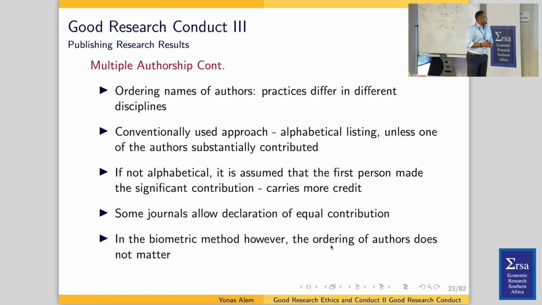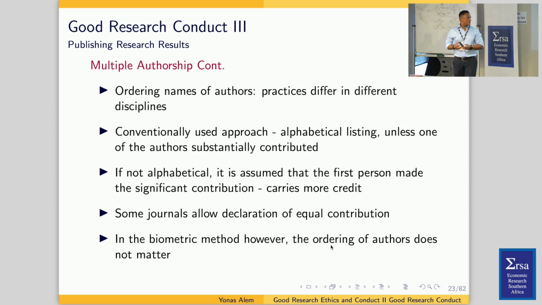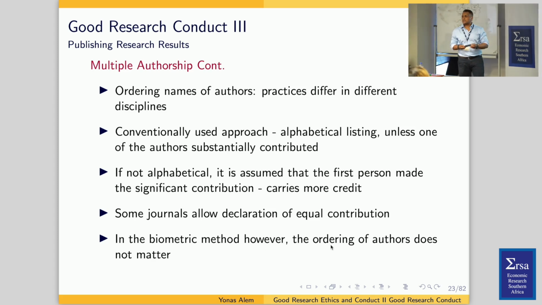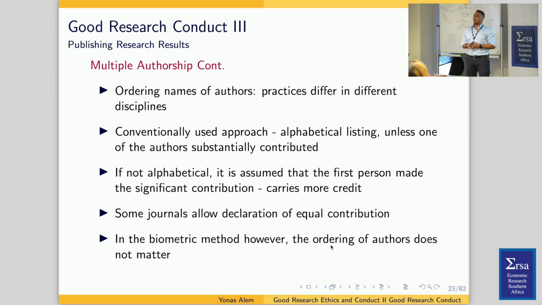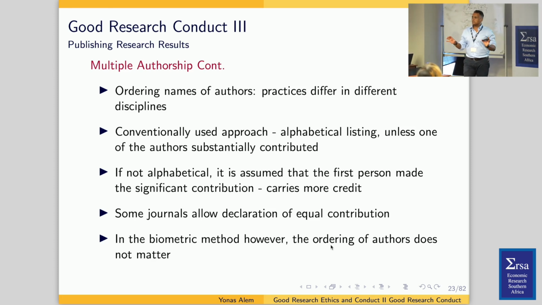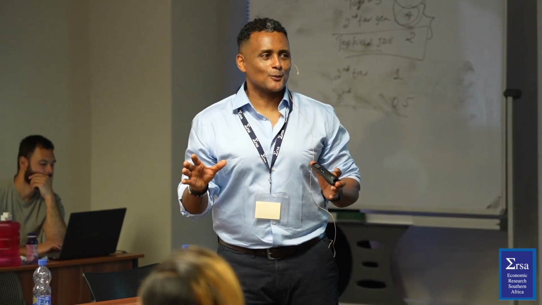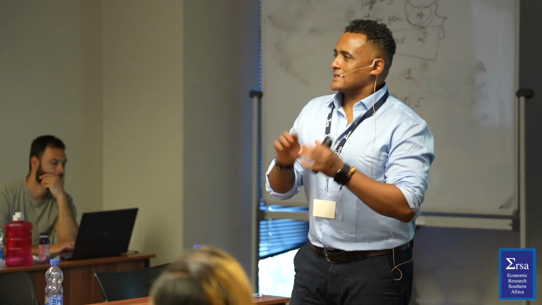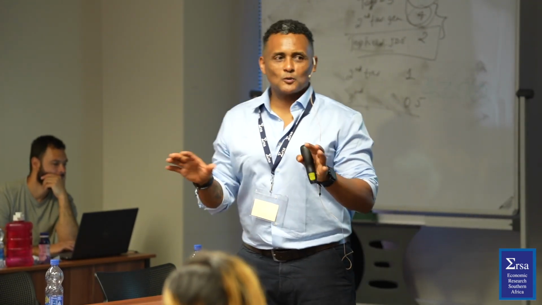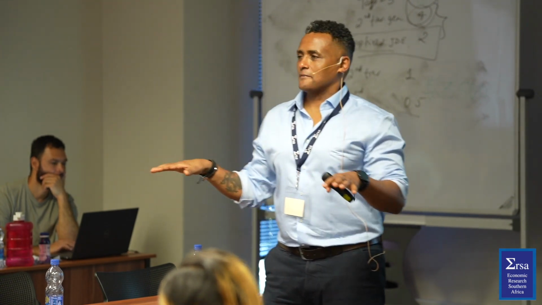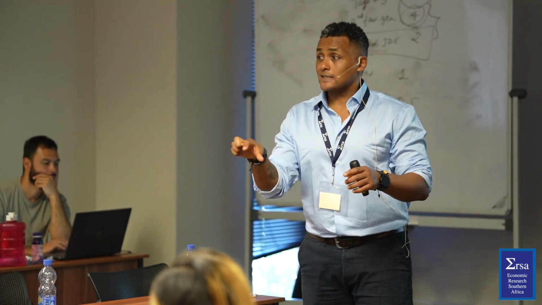The second important aspect is ordering of names. The practice is different in different disciplines. In economics, if we contributed equally, actually it's very rarely that people contribute equally, but let's say that it's almost equal, then it's alphabetical. All right, and you can declare that as well.